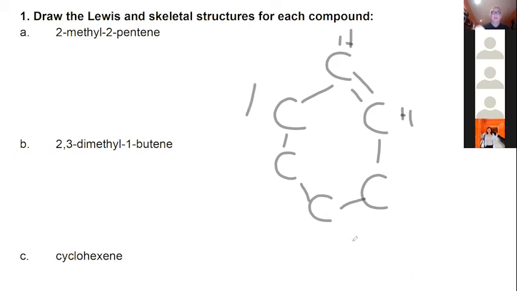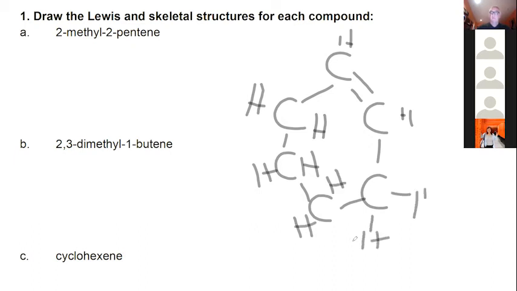And then everybody else gets 2. So you do draw it on the inside, or you can draw them there. Either way, just as long as they have the right number. Okay, thank you. Yeah, so 1 and 2 both get 1 hydrogen and everybody else gets 2.